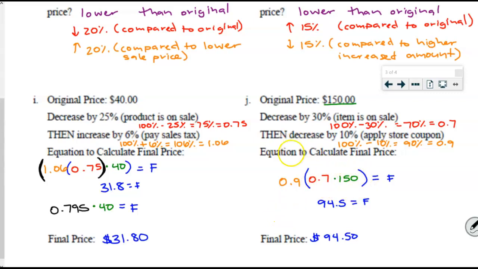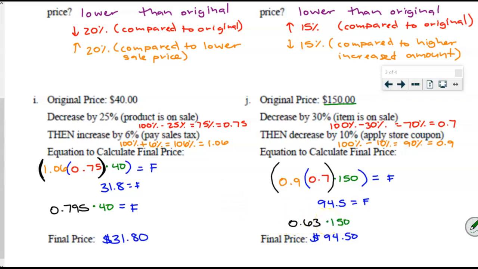So one way to test that out and confirm is to calculate this amount. What is 0.9 times 0.7? And you will see that that is actually 0.63 times 150.